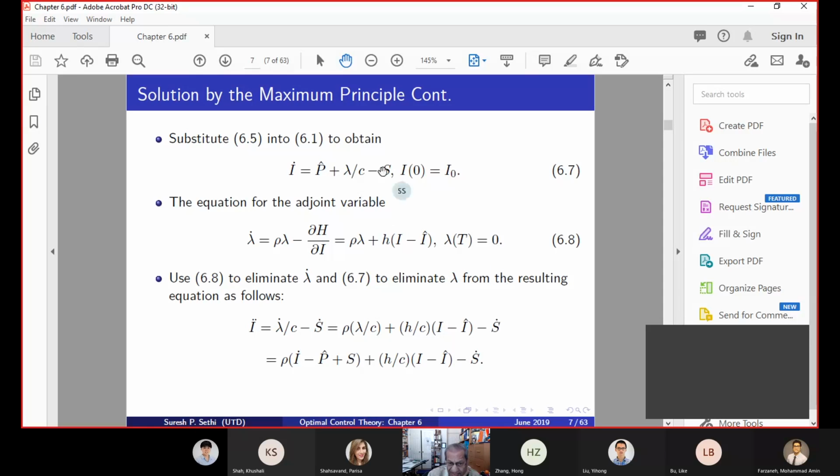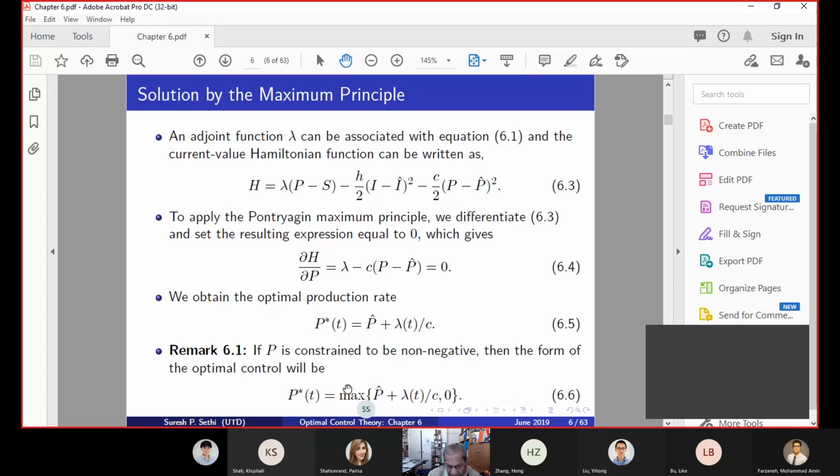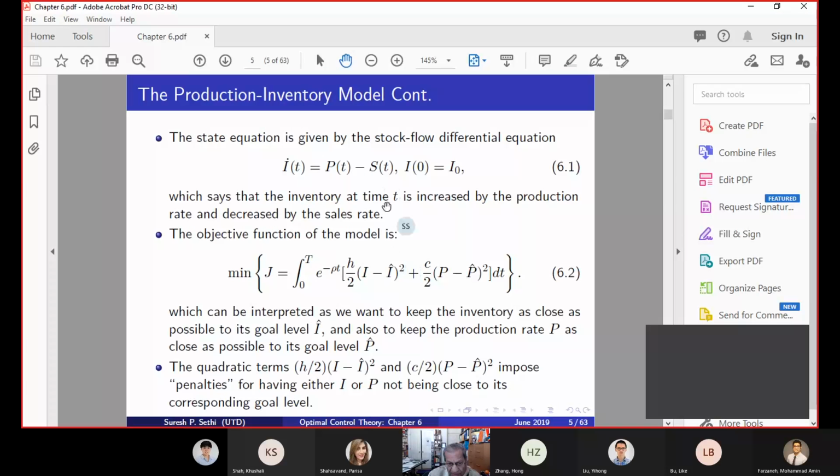Now, when there is no constraint of this kind, and when the equation of state is linear, and the objective function is quadratic, this is called a linear quadratic problem. I have a whole section in the appendix on how to solve a linear quadratic problem in closed form.